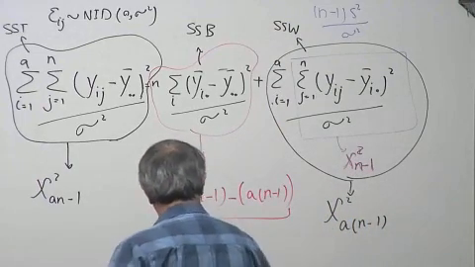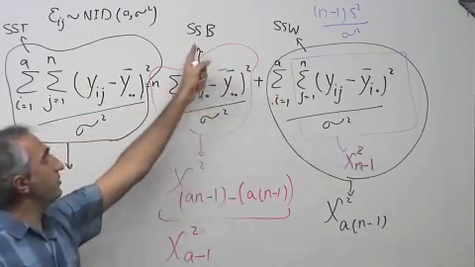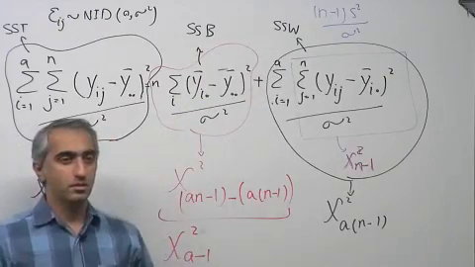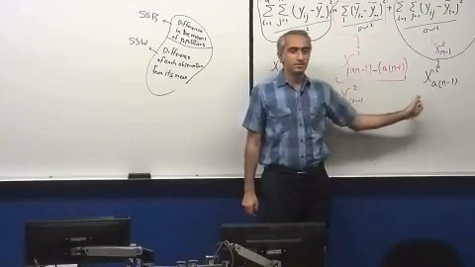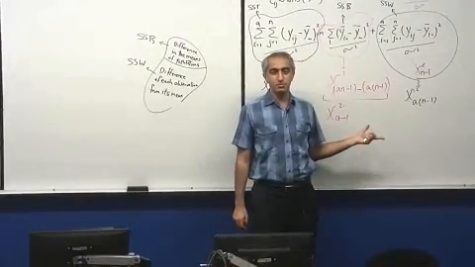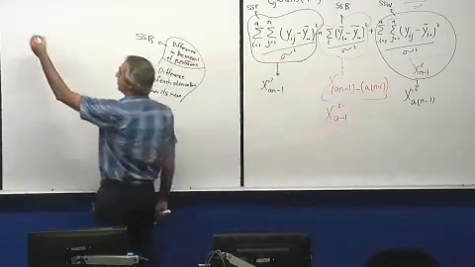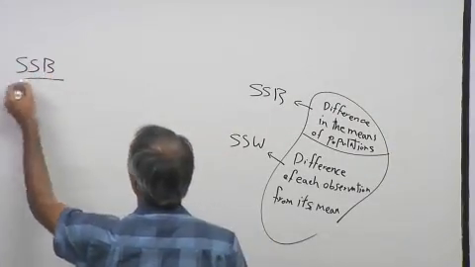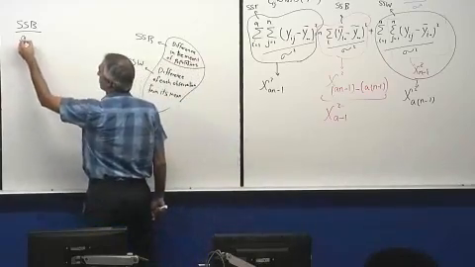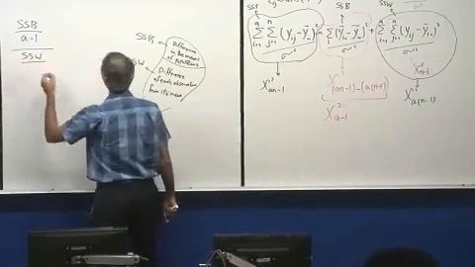Okay? Now, what we want to do is find the ratio of SS between and SS within. The ratio of two chi-squares. What is it? F. But not exactly. We should divide each by its corresponding degrees of freedom. So SS between, what is the degrees of freedom? A minus 1. SS within, what is the corresponding degrees of freedom?